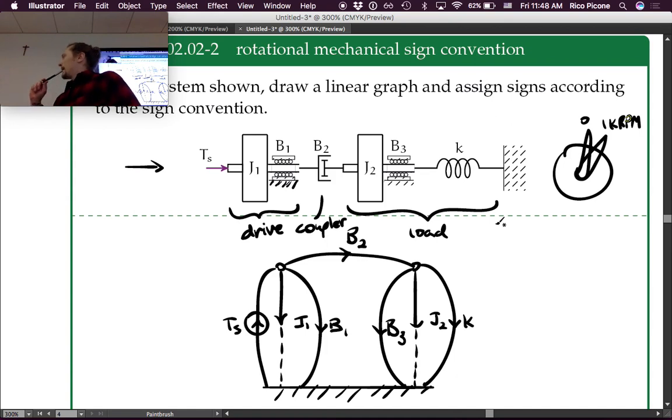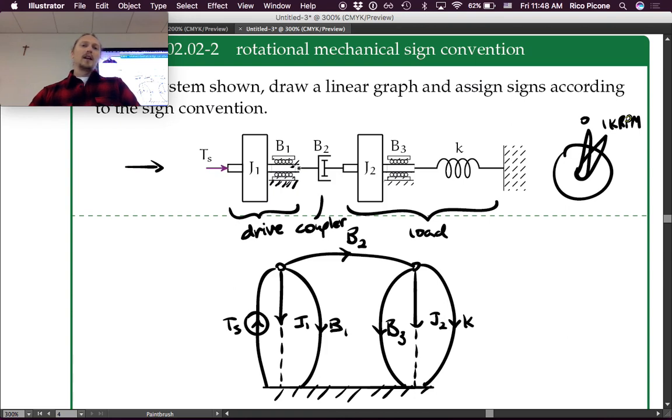And one more note on the sort of realness of this. The B1 and B3 bearings, you might look at them and say, well, that's a pretty bad design because you don't really want to have a bearing only on one side when you have a moment of inertia cantilevered off, because the bearing has to then support the moment of the weight of this.